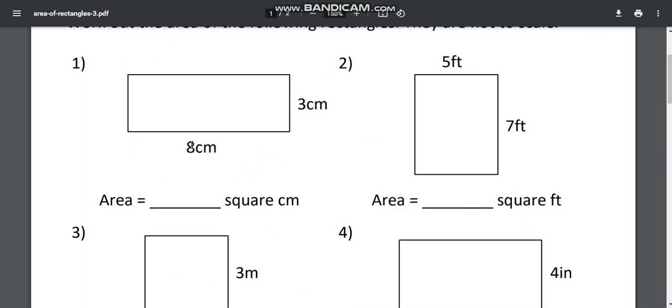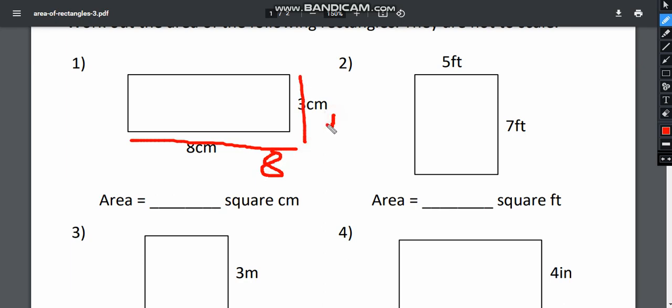So in this case, it would be 8 plus 3 plus 8 plus 3. I don't have the ideal tools to write here, but if you imagine, it would be 8 and then we plus 3, and then we go 8 again, and then finally to finish off we go plus 3.